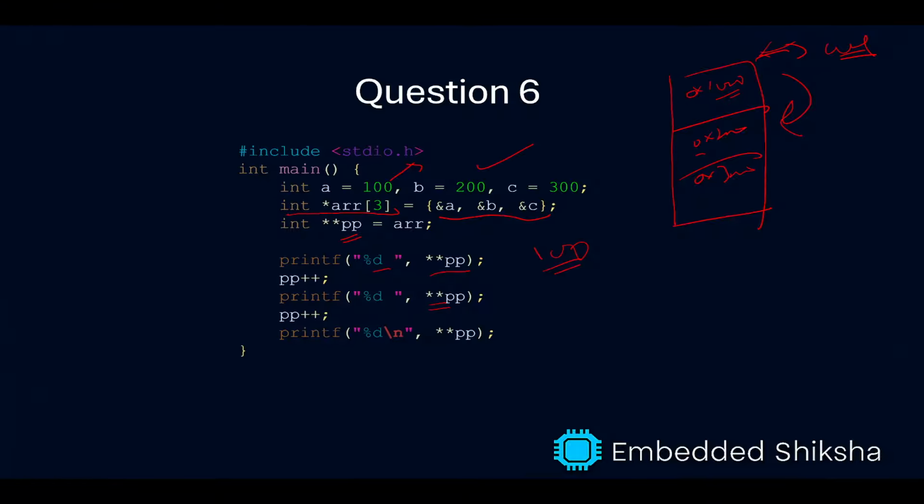Then again you increment it to the third element and dereference it using the double dereferencing on your double pointer, and it will give you the value 300. So the output of this program will be 100, 200 and 300.